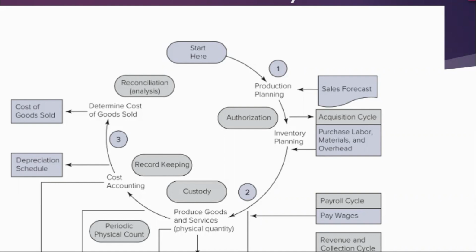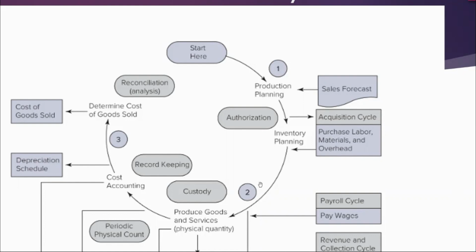We want to see authorization in this planning. So we want to see when we are acquiring these raw materials and these goods to meet that sales forecast, we want to see that authorization there.